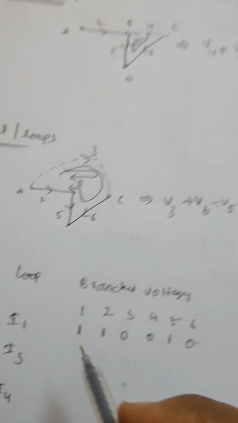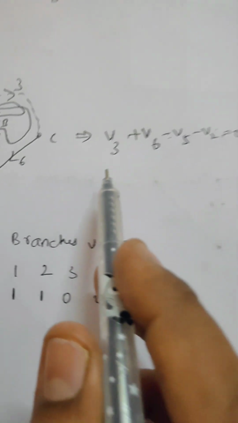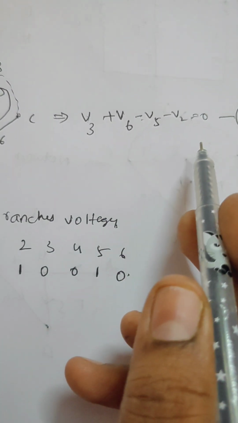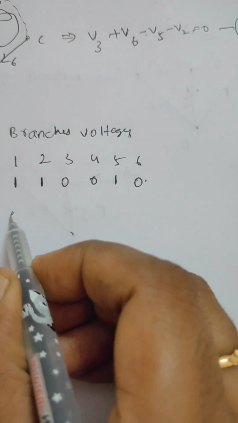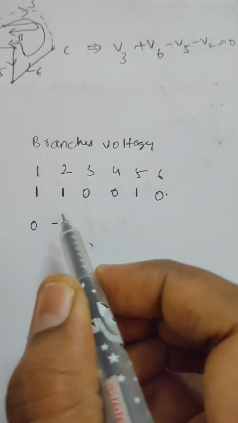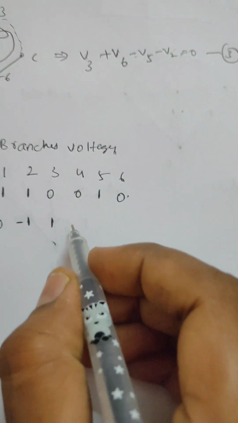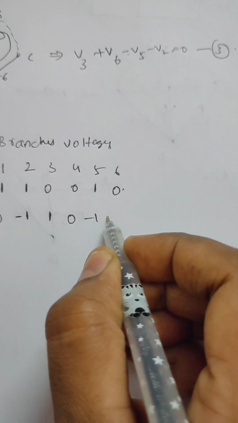For I3 we got the voltages V3, V6, minus V5, minus V2. V1 is not there. Minus V2 means we mark it as minus 1, then V3 is plus 1, and V4 is not there.